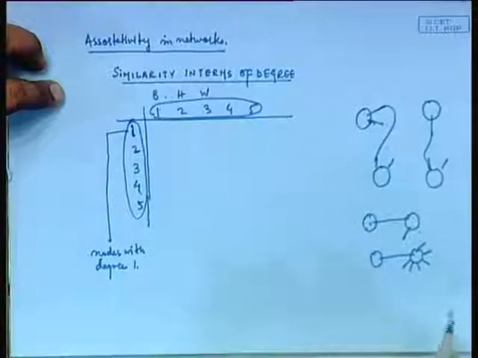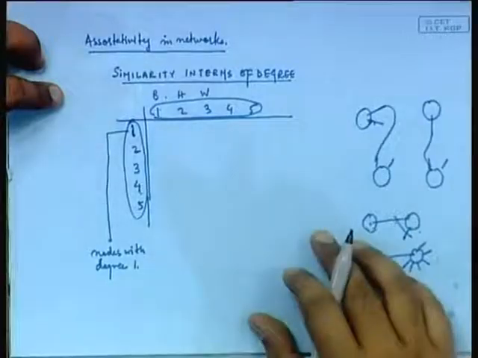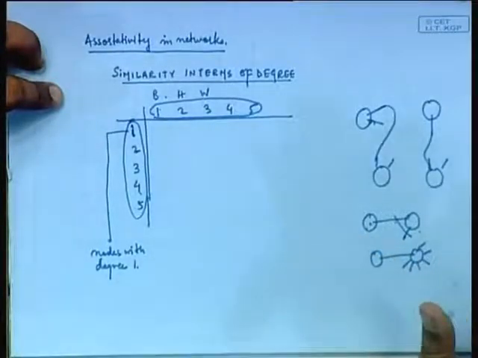But a black woman marrying a white man or a black woman marrying a Hispanic man are both similarly disassociative. So, we cannot talk about degree of associativity or degree of disassociativity in that case.